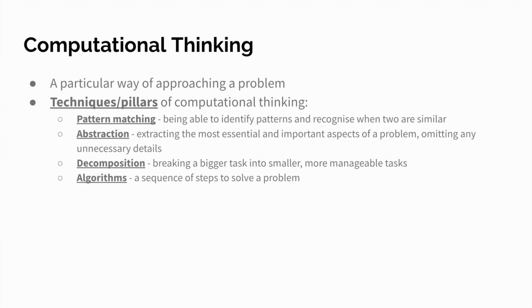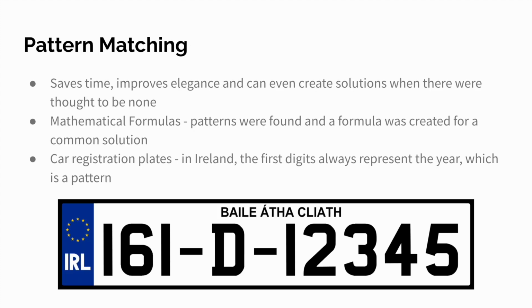These are pattern matching or recognition, abstraction, decomposition, and algorithms. So you can see I've got definitions for all these here, and we'll go in depth on each one of these four pillars or concepts. These are very, very important to computer science. They're the foundation of computer science, effectively.